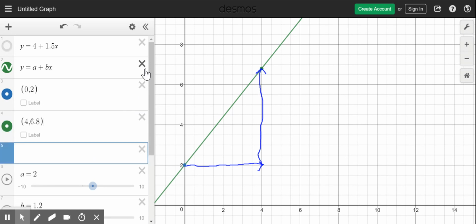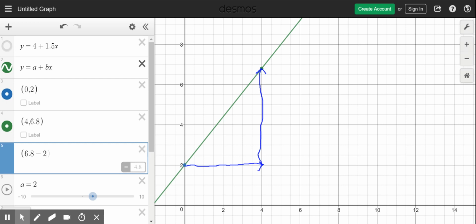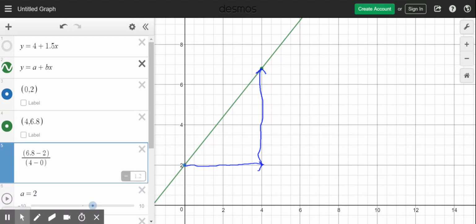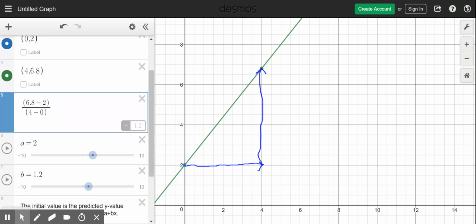Now let's do the calculation. 6.8 minus 2. So this is the difference in the y values divided by the corresponding x values, 4 minus 0. Notice the answer, 1.2, which is exactly this constant that we used here.